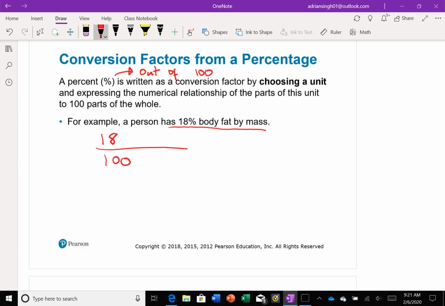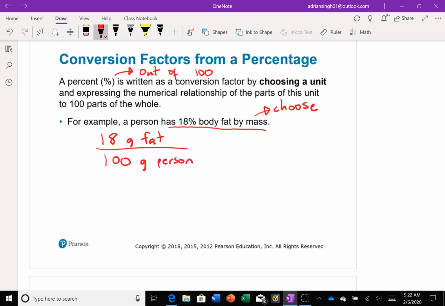Right, well, now your challenge is to decide, what is the unit of mass that we're going to use? And in this case, we can just choose any unit that we want, because the ratio is always going to be 18 over 100 based on that percentage. So we can say, for instance, 18 grams of fat per 100 grams of the person.